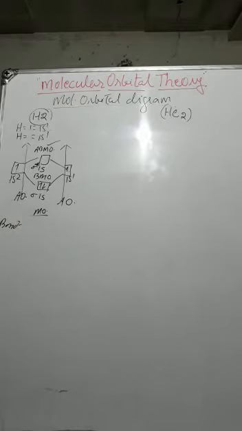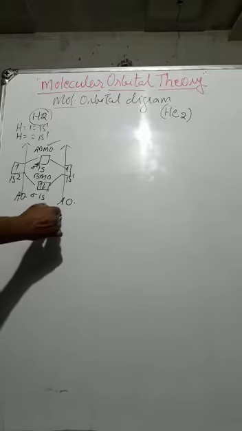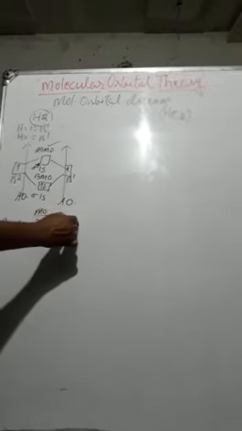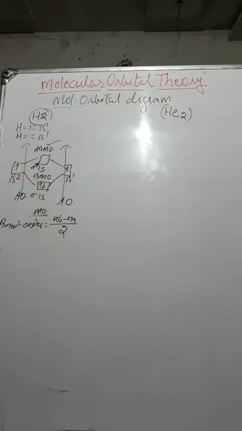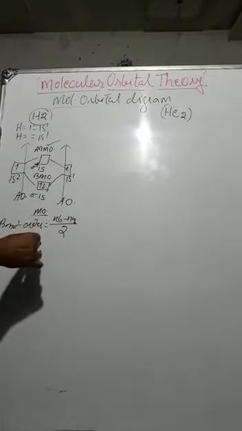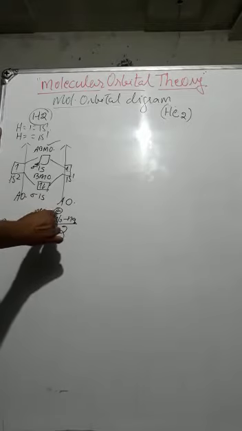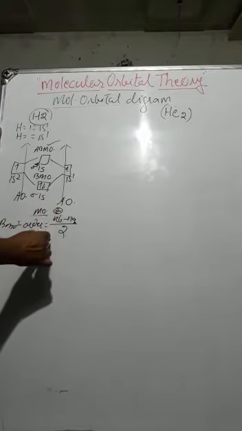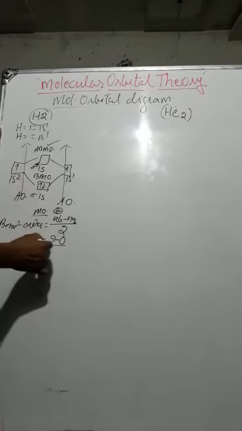Now the concept is what? On the basis of molecular orbitals, we can find bond order. Bond order is (Nb minus Na) divided by 2. Here Nb means electrons in bonding molecular orbitals and Na means electrons in anti-bonding molecular orbitals. So here the number of electrons in bonding molecular orbitals is 2, minus 0, that is no electrons, divided by 2.